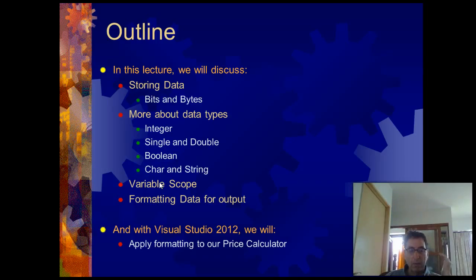Generally, the answer is no, but anyway, we'll talk about that. And we're talking about formatting data for output. And we'll use Visual Studio to apply this formatting that we study to our price calculator, which we had before.